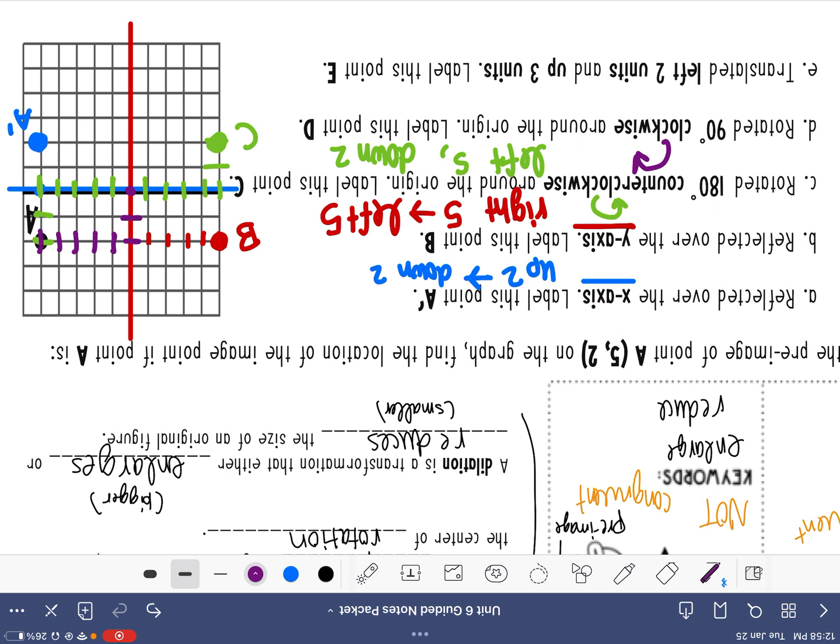So we're going to go back here, and we're going to write right 2, and down 5. Then you're going to turn your paper back to its original position. From your origin, you're going to count right 2 and down 1, 2, 3, 4, 5. And you're going to put your dot there. And it told us to label this one D.